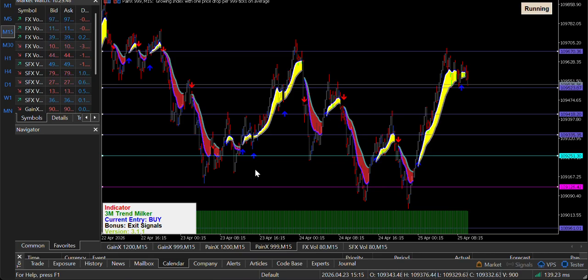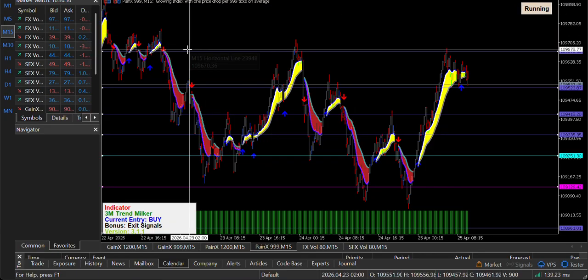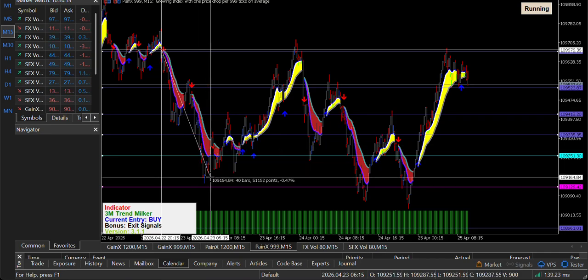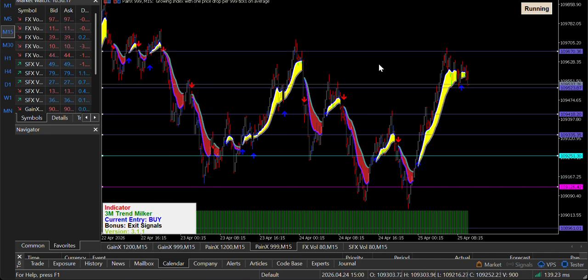So if the trend is on uptrend, just the way we had around here, all you just need to do is to buy, because the uptrend favors buy signals. And if the trend is on downtrend, just the way we had around here, guys, so all I think you should do is to sell, because downtrend favors a sell signal.